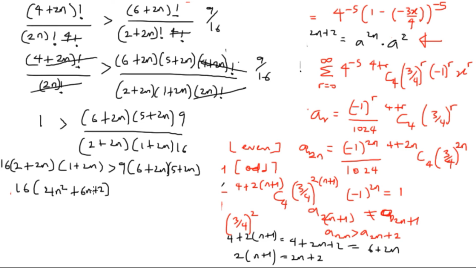So you can always practice that. Greater than 9 into 4n squared as well plus 22n plus 30.